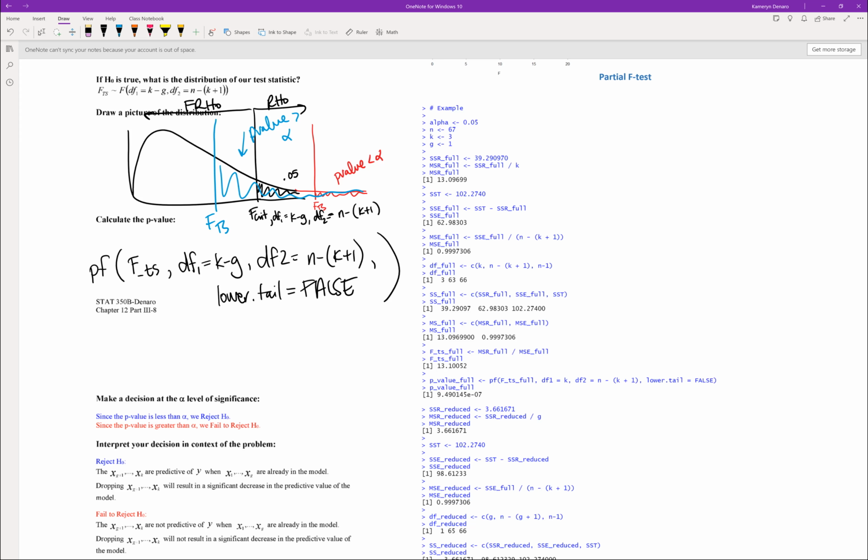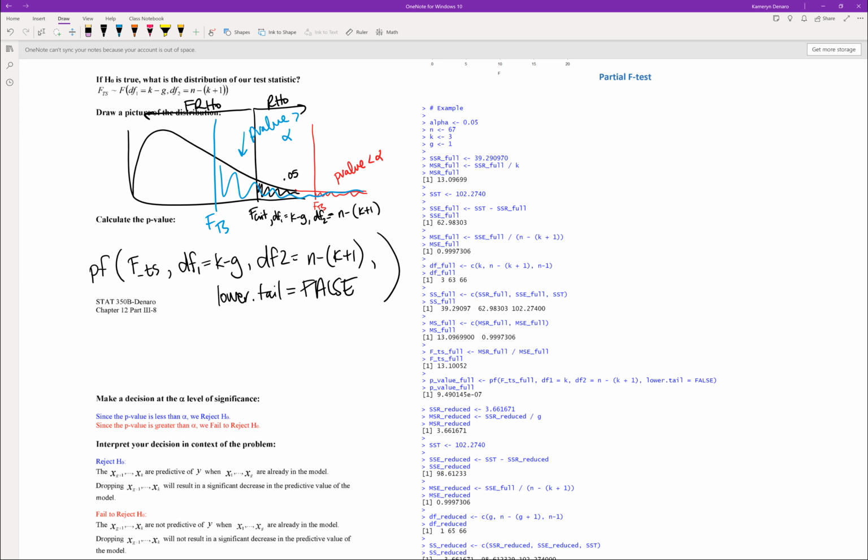We're going to be working on the salary example again. We have k equals 3: the number of employees, profit margin, and the IP cost being predictive of the starting salary. And the full model has all 3 variables in the model.